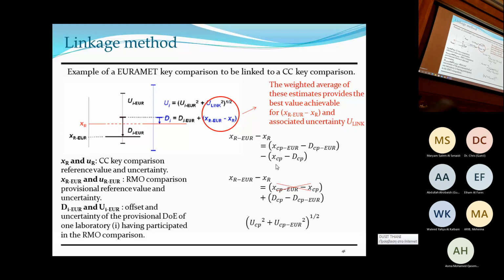So I want to have this plus the difference between these two. This is the degrees of equivalence of the lab that is to be linked, the results of the lab that are to be linked.